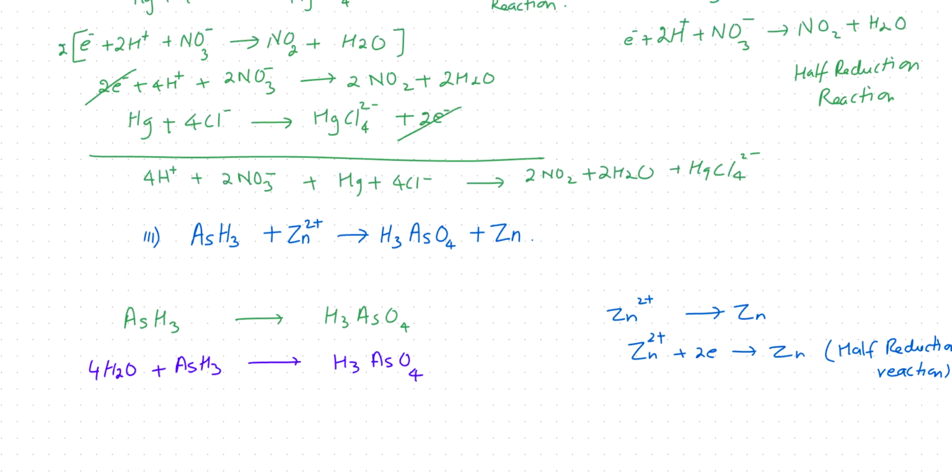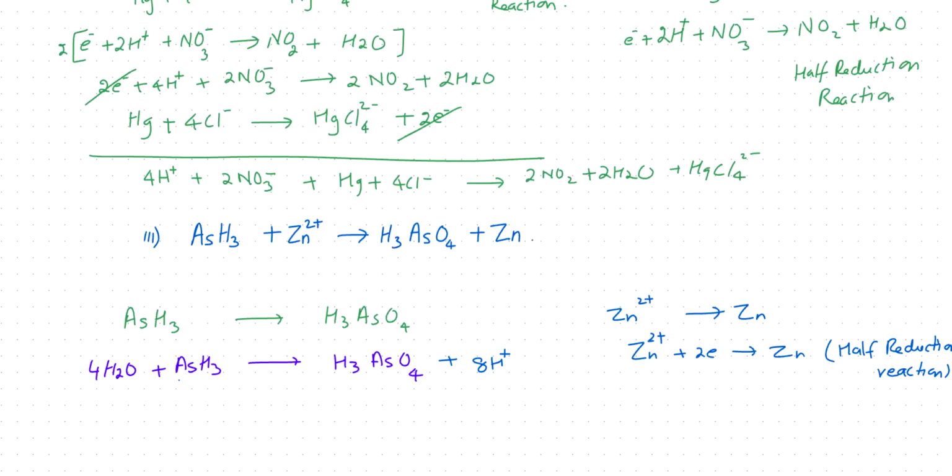So to add hydrogens, we add H plus. So we add 8H plus. So now all the atoms are balanced. 8 hydrogens, 4 oxygens, 1 As, and 3 hydrogen. Sorry, 4 times 2 is 8, 9, 10, 11. 11 hydrogens. Here also we have 11 hydrogens.